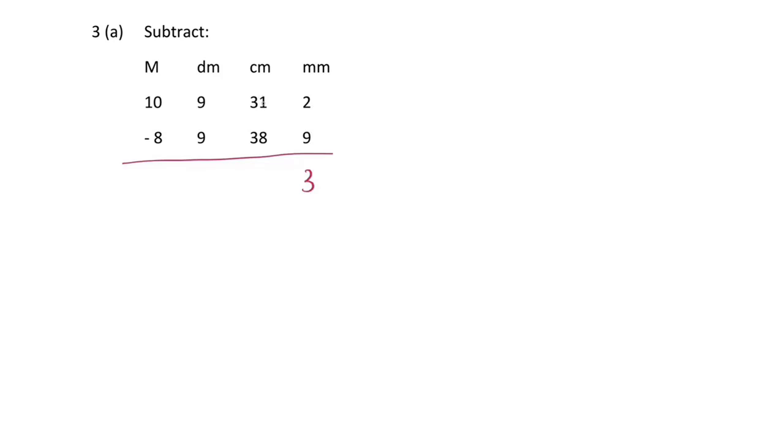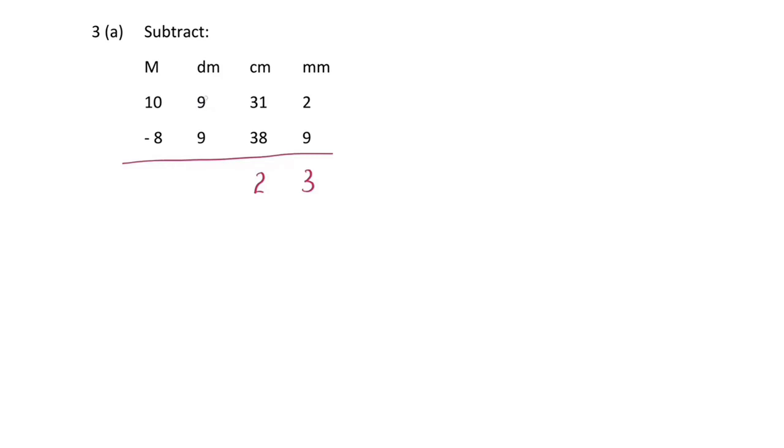Okay, so for the next part, we have 30 centimeters minus 38 centimeters, which is also not possible. So we are going to take 1 decimeter and add it here. Okay, so now here we have 40 centimeters minus 38 centimeters, of which the answer here becomes 2 centimeters.